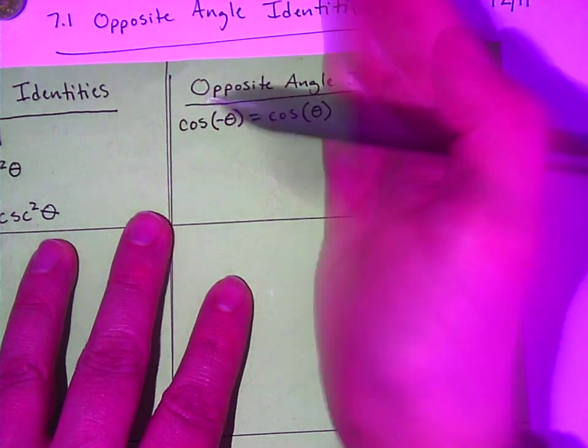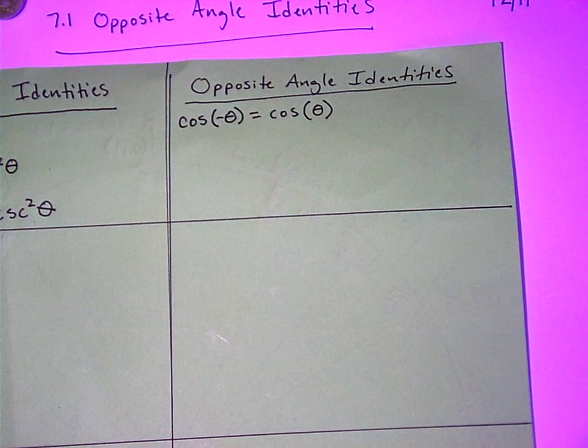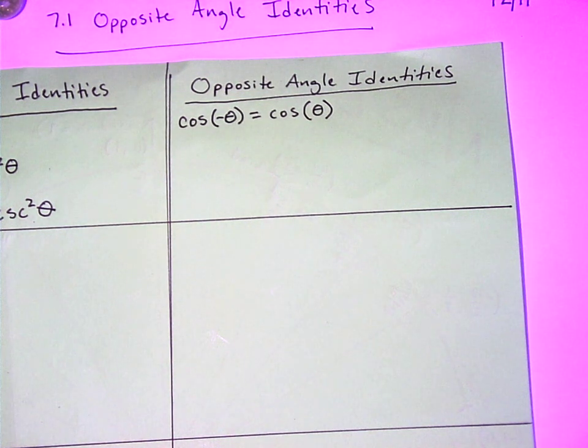Notice I'm taking up only half this box because I'm going to write something next to it. What that means is that the cosine of 30 degrees is the same thing as the cosine of negative 30 degrees, and that will always be the case.